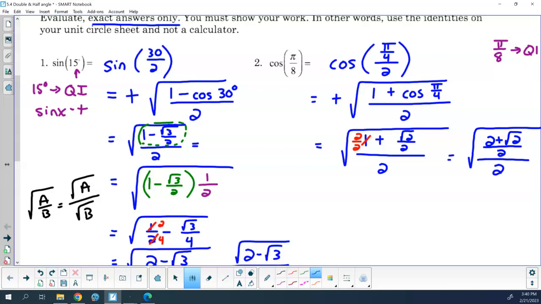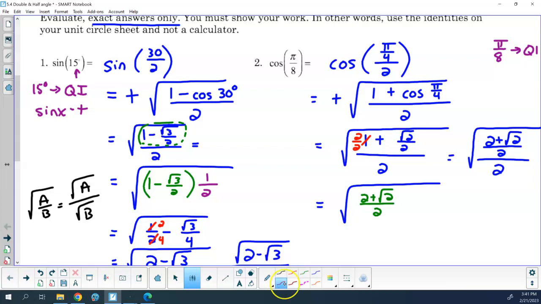All that's inside. Keep, change, flip. Now then, that becomes big radical 2 plus the square root of 2. Let me go back and colorify it so that it's the same as the left example here. 2 plus the square root of 2 all over 2 there.